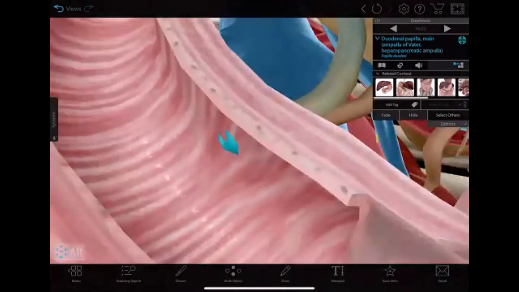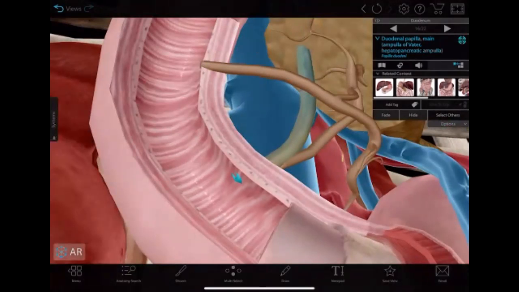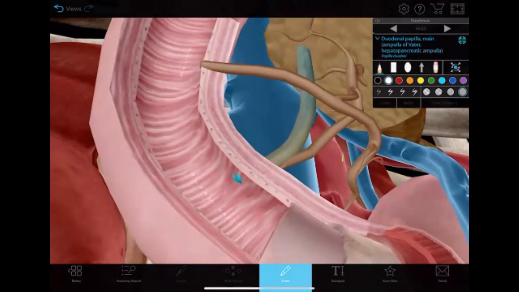So these combine and open into this, which is the major duodenal papilla, right? Whereas this is the accessory pancreatic duct, APD, and this is opening into here. This is called the minor duodenal papilla, right?